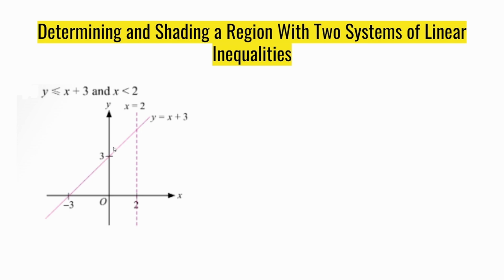When it is over here at 3, it is 0 in terms of the x-axis. When x is negative 3, it is 0 in terms of the y-axis, or the vertical axis. So we can just replace one of the unknowns, y or x, with 0, and we can get the value of where they would intersect.